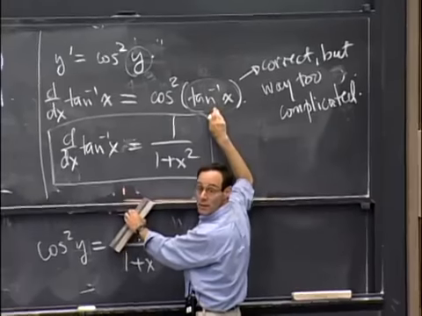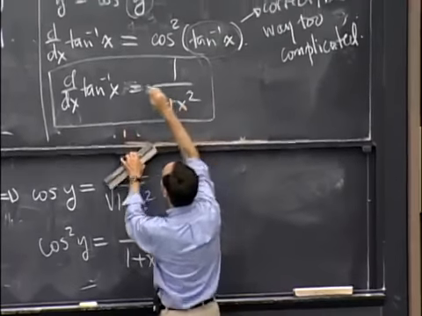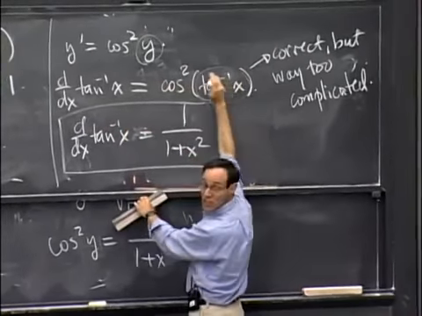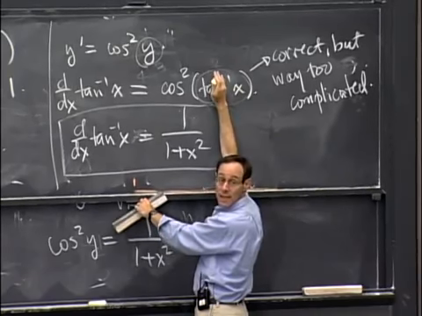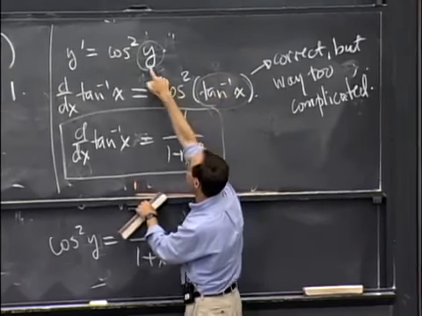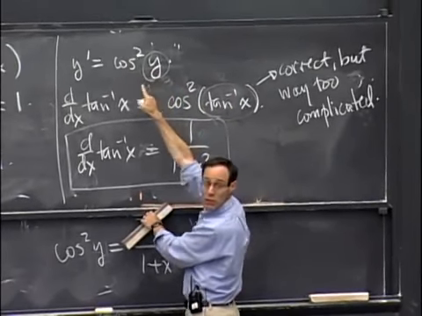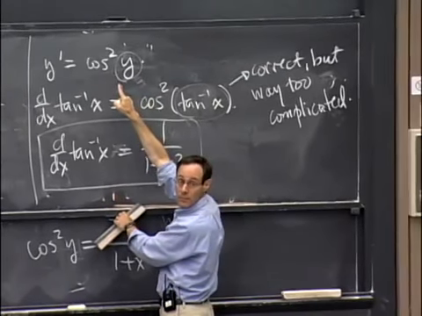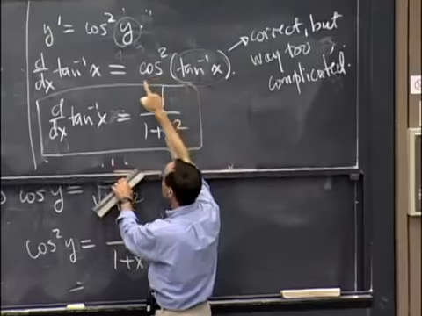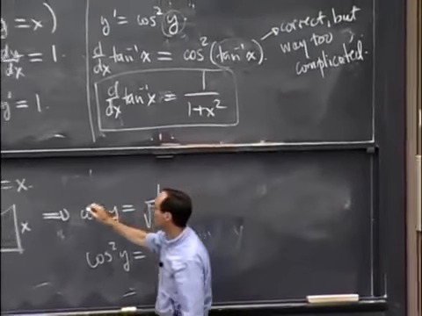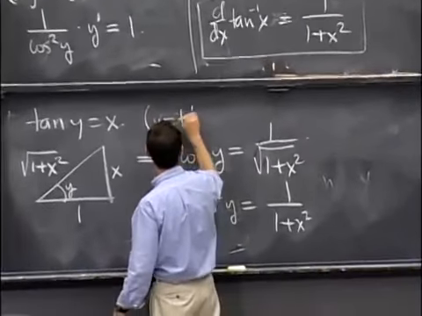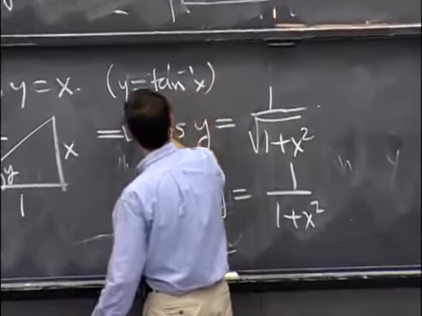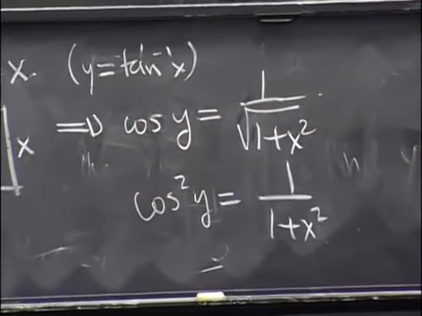Those are the same thing. So what I did was I skipped this step here entirely. I never wrote that down, but the inverse tangent was that y. The issue was, what's a good formula for cosine y in terms of x? So I am evaluating that, but I'm doing it using the letter y. So in other words, what happened to the inverse tangent is that I called it y, which is what it's been all along.